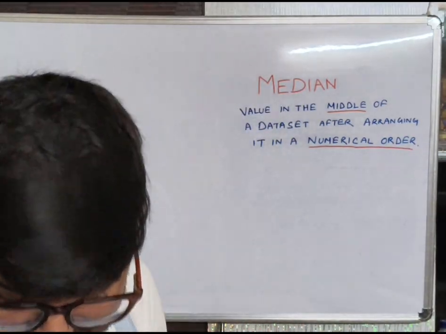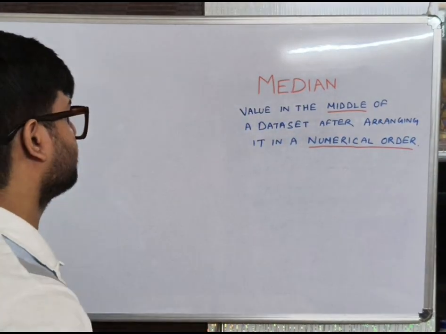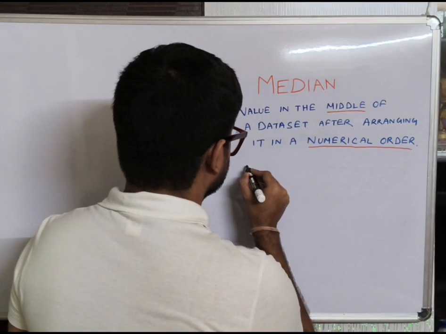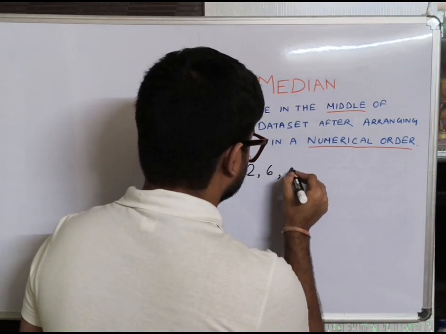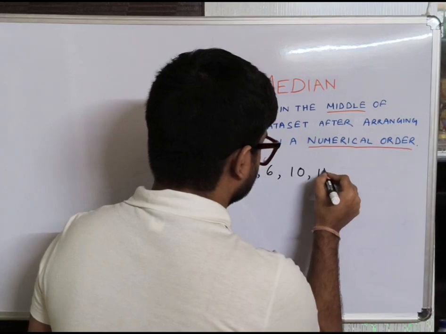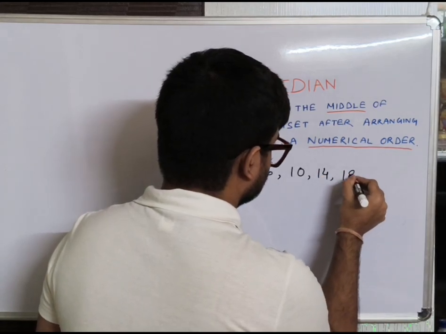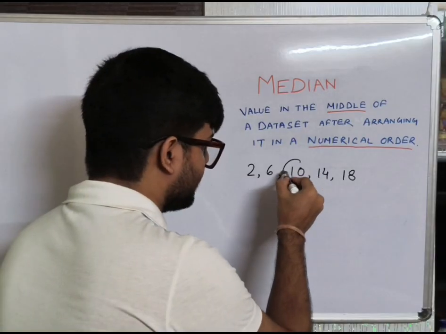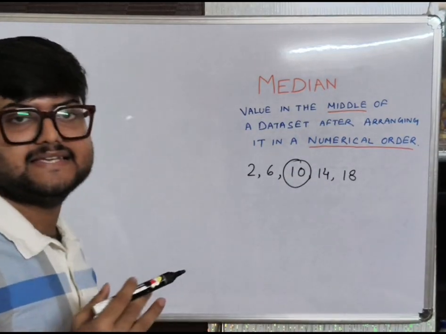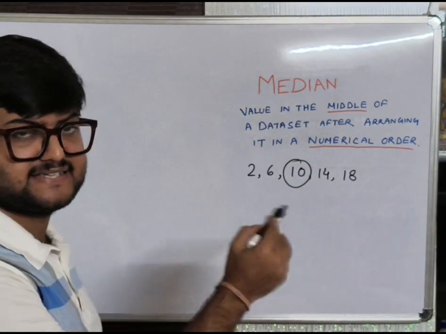So if we give an example, let's say, here the middlemost value is 10. So it is the median of this data set.